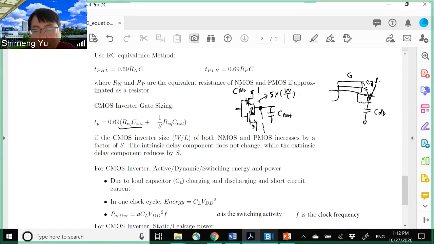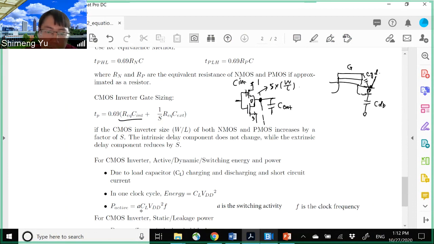And the extrinsic is from the outside. It can be the next stage of the inverter, or it can be the wire capacitance. Those are extrinsic to this node. So typically we just label it as a CL, for example. We just draw a circuit like this when we use this kind of equation, and say this is a node capacitance.